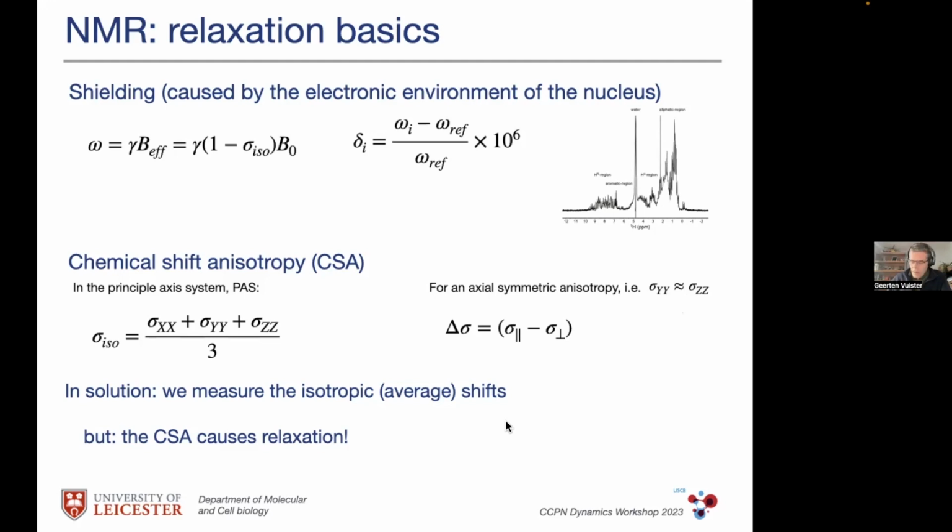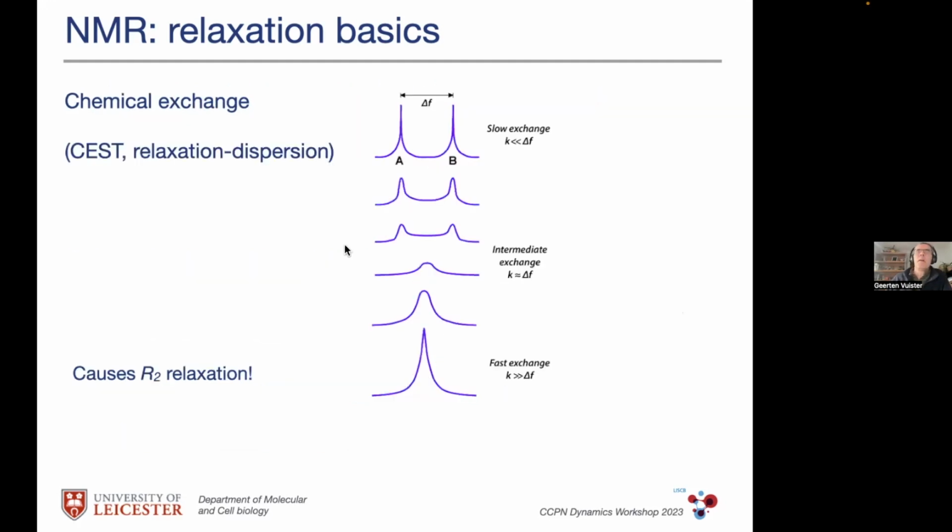Okay. Now, the third effect that affects our lines and causes relaxation is what we call chemical exchange. Maybe you've seen this figure many times over, that if a nucleus changes its chemical environment because of chemical exchange, its lines can adopt any one of those examples which are given here, from slow exchange, where we see two lines, all the way to fast exchange, where we see the average of the line between the different states.